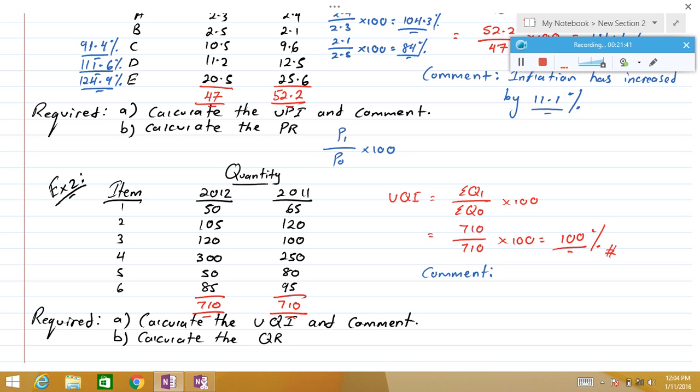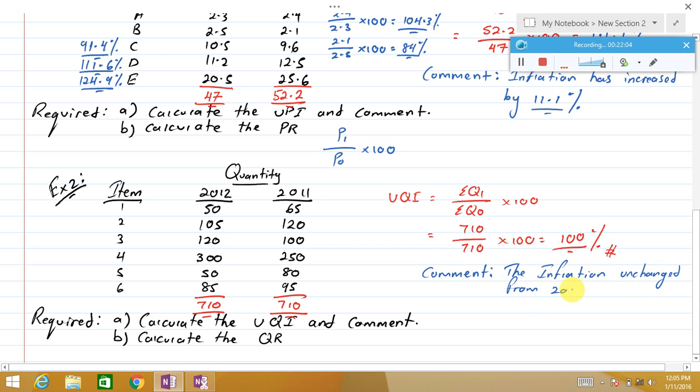Maintain. Okay, no problem. Okay, the inflation unchanged from 2011 to 2012.